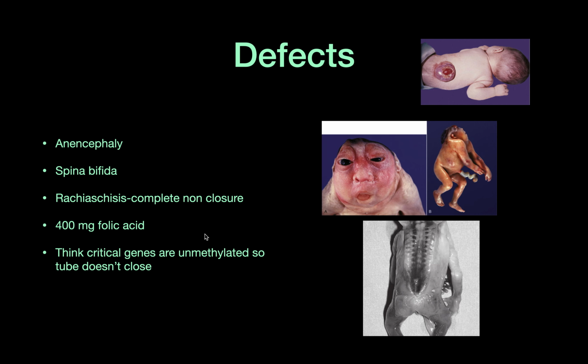And honestly, people aren't really sure how this works, like why spina bifida occurs with the absence of folic acid, but the prevailing theory is that the critical genes are unmethylated, so the tube doesn't close, and the folic acid will provide the methyl groups for the genes to be methylated. Okay, well, thank you for your attention and good luck studying.